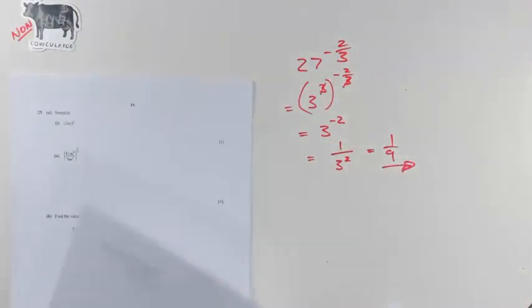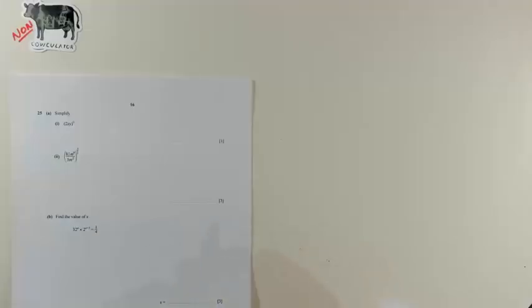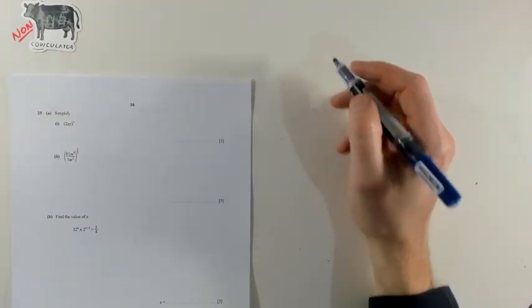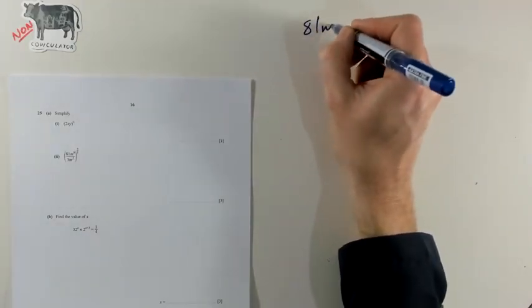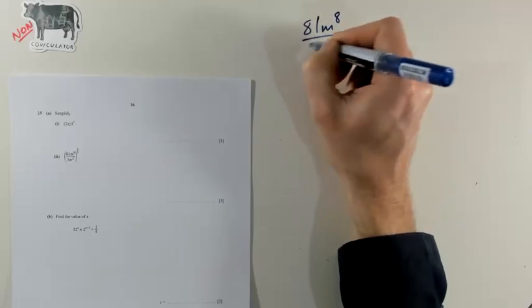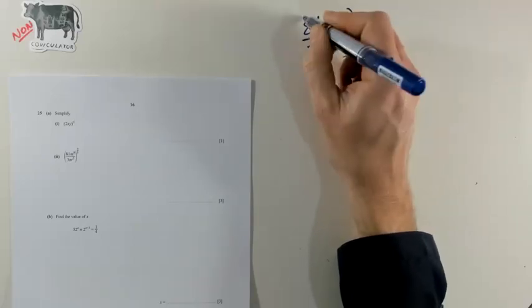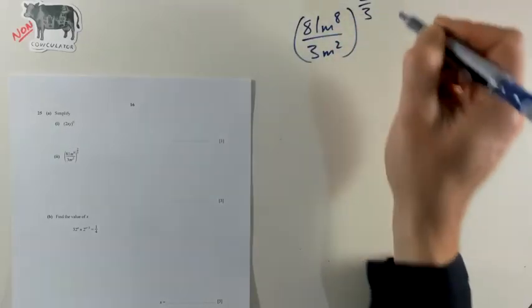Are there more? Yes, there's more. Who knew? Let's take a look at these. This seems a little bit intense. 81m to the power of 8, over 3m squared, and all to the power of 3.